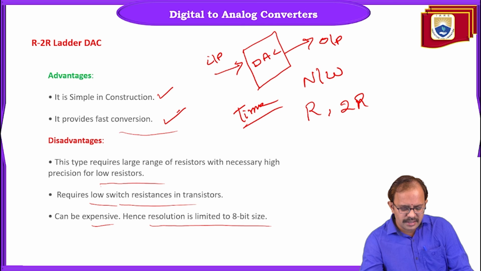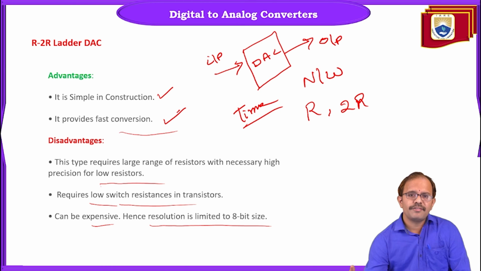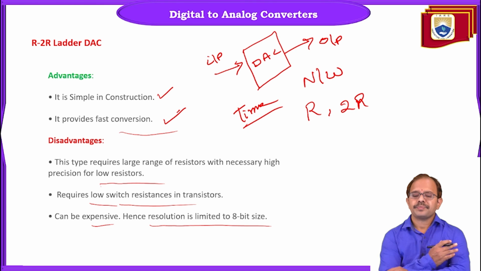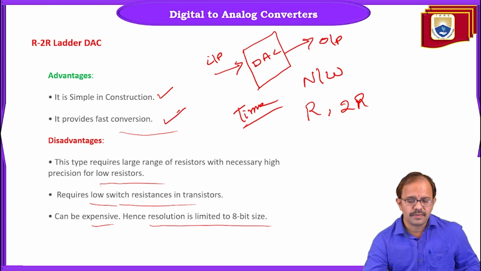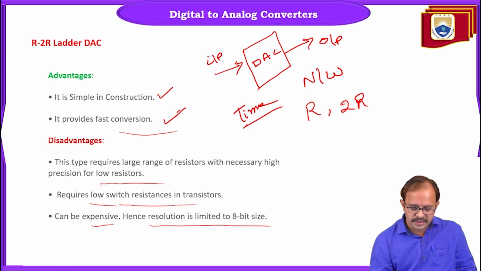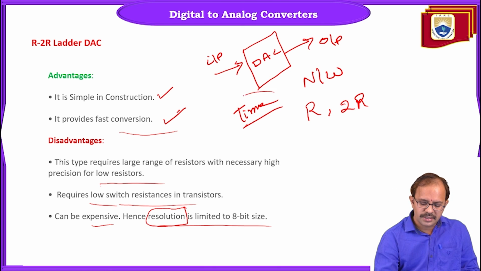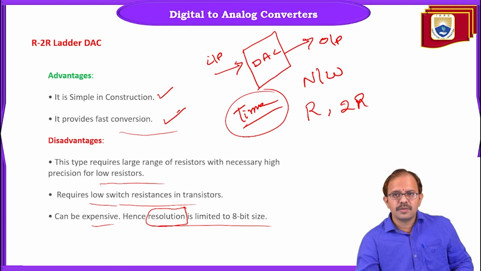And this design with high resolution, later we will define while discussing the specifications of data converters. We will define another term called resolution. So by this time we come across two specifications: one is resolution and the other is conversion time. What is the time required to convert the data, and what is the resolution?